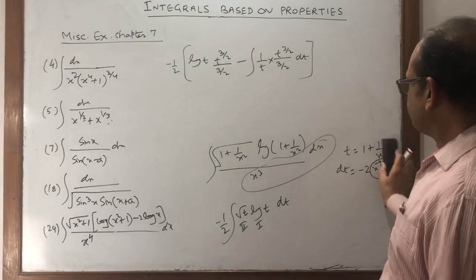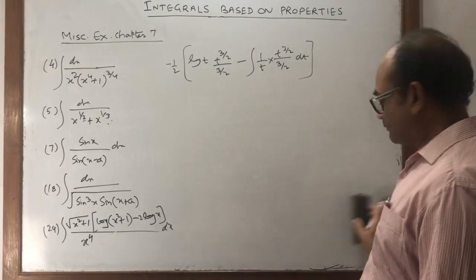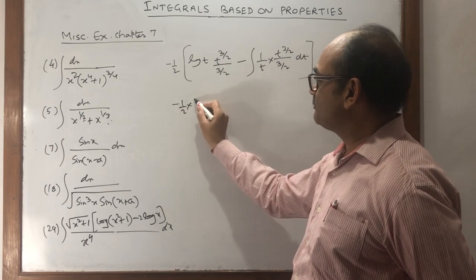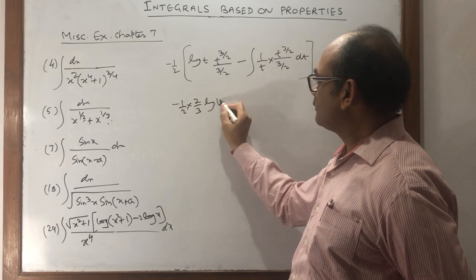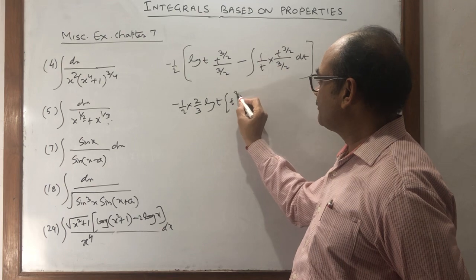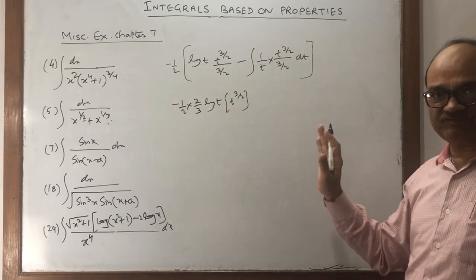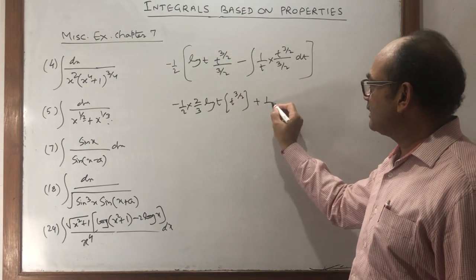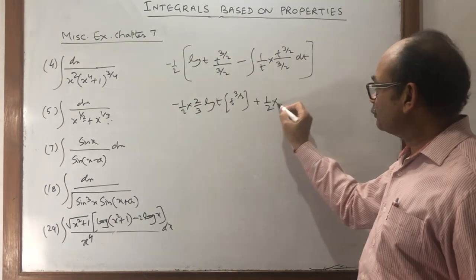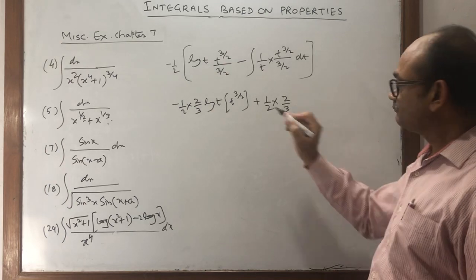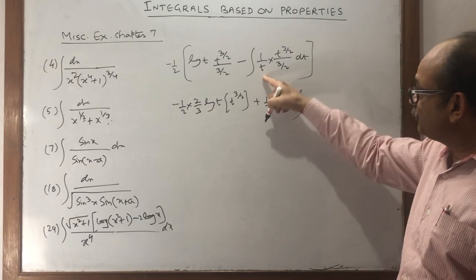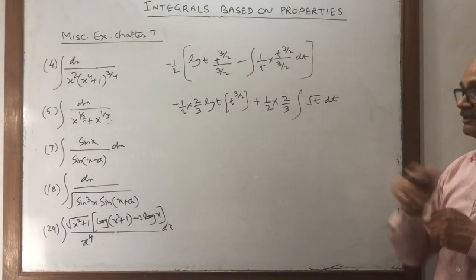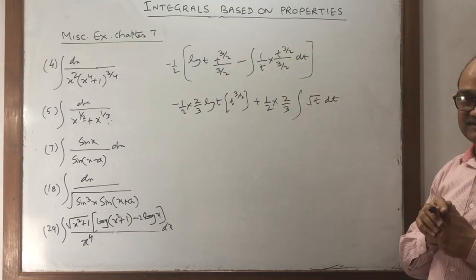Next step, on the left-hand side, first portion: minus half into 2 by 3 log t into t to power 3 by 2. Okay, first part. Second part: minus half with minus becomes plus half into 2 by 3, integral of t to power only root t, because it is 1.5 power and this is 1 power.